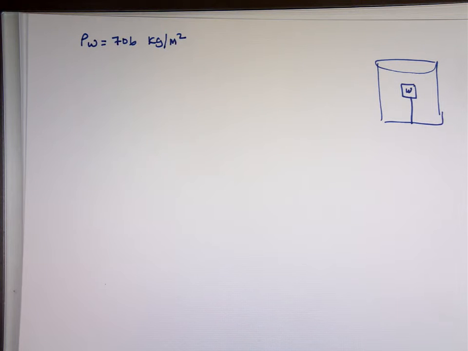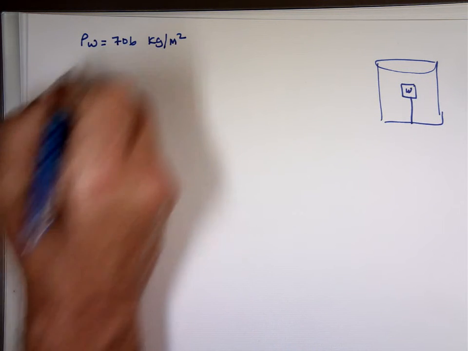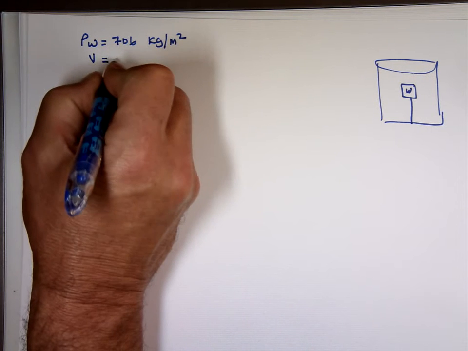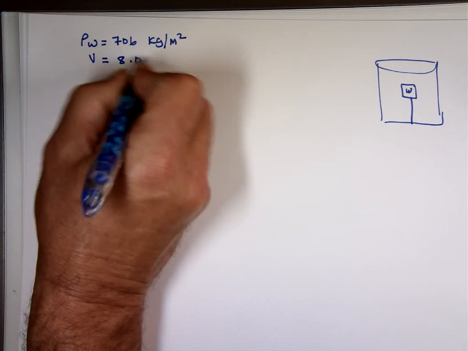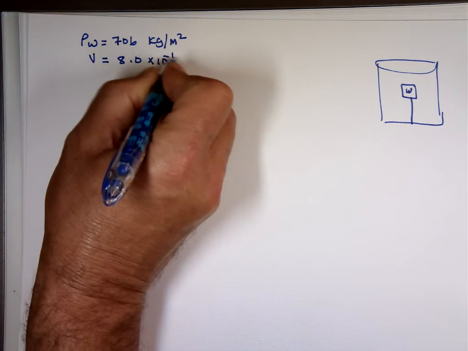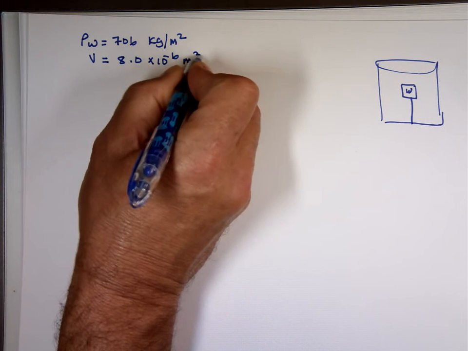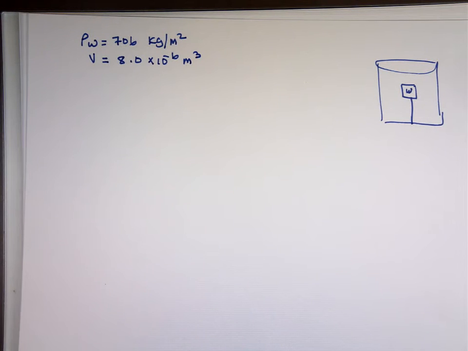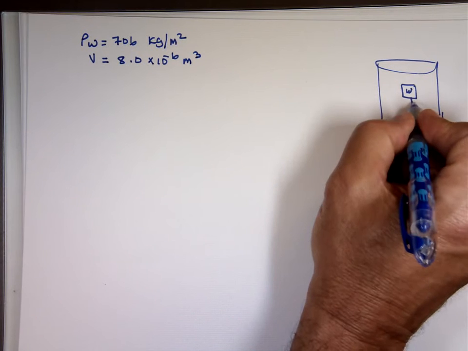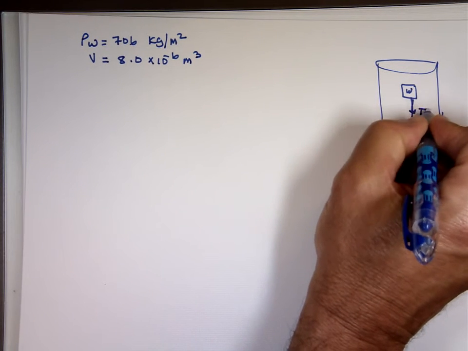The wood is completely immersed. We'll get to partially immersed soon. And it has a volume of 8.0 times 10 to the negative 6 cubic meter. And the question: the string is pulling down on you with the tension here. What is the tension in the string equal to?